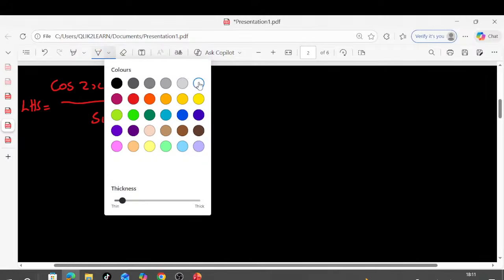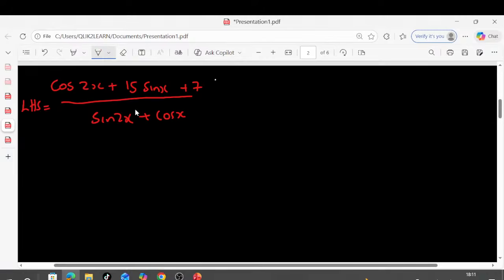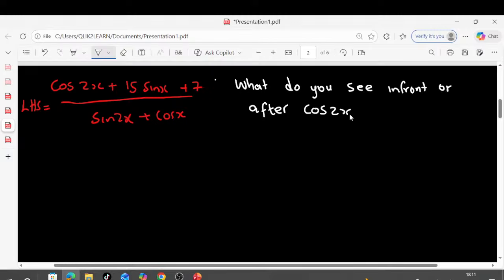What I need you to ask yourself is, what do you see in front or after the cos 2x?